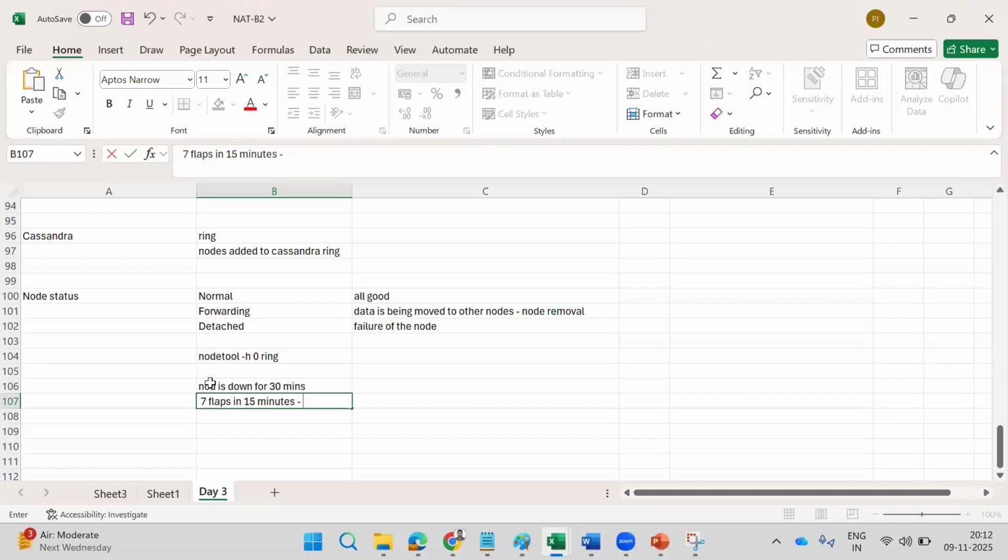What I'm trying to say is, if Cassandra restarts 7 times in 15 minutes. Okay, these are the conditions, and a node can go from detached to forwarding state. But to check the latest status, run nodetool -h 0 ring.